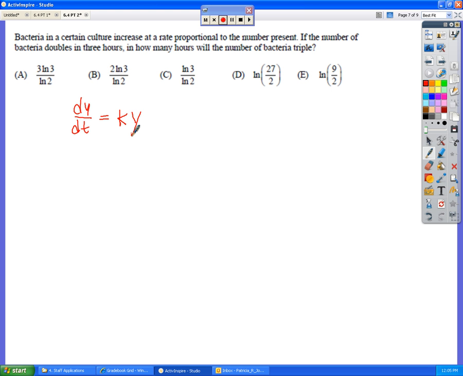If the number of bacteria doubles in 3 hours, so time equal to 3, the initial amount doubles. Okay, so let's start off, first, I don't know what the equation is. In how many hours will the amount of bacteria triple?